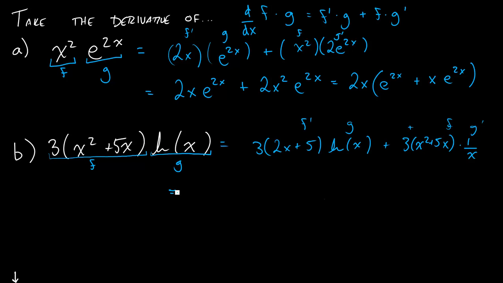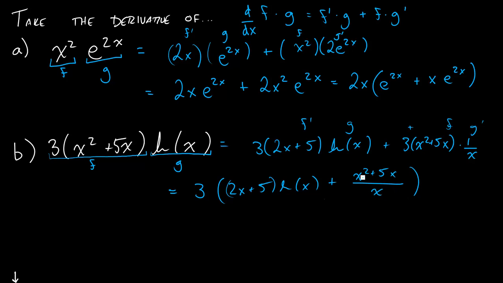We'll want to simplify this, because that's how it would show up on a multiple choice test. We'll probably pull a 3 out of both terms, and then we'll be left with 2x plus 5 ln x here, and in this term, we'll be left with x squared plus 5x over x. But this simplifies a little bit, right?